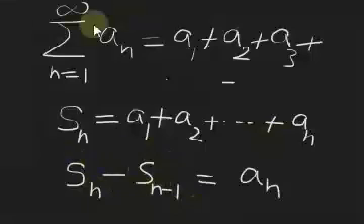So if this series is convergent, that means this is a finite number, right? This is a finite number here. That means the partial sum is also a sequence, right?